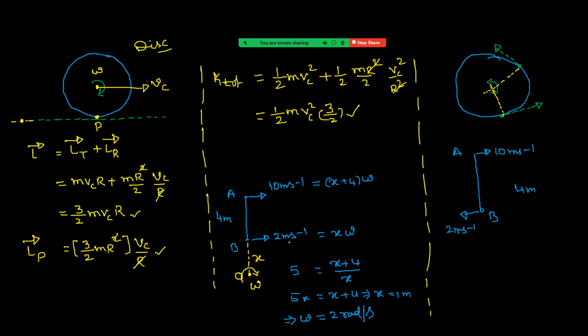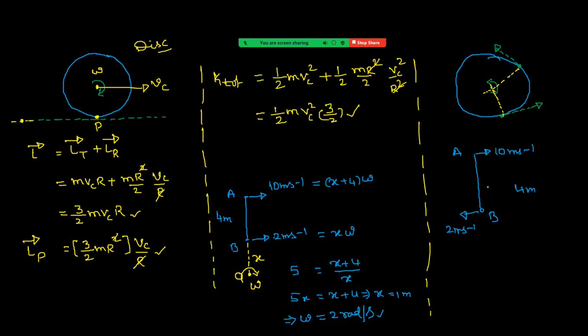The second is, if we are given velocities for 2 points in the body, then find the relative velocity normal to the line joining them, then divide by the separation between them. Here, the relative velocity normal to the line joining them will be 10 minus 2, that is 8. Dividing by the separation, that is 4, 8 by 4 is 2. That is what we got here, right? Directly we can do it like that. And once it is known, 2 equals x into omega. Omega is 2, so x value is 1. So we can solve in that way also.